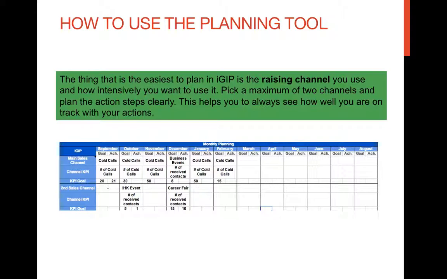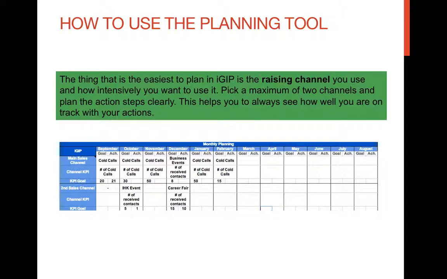So you then have channel KPIs, key performance indicators, which are just your activities. If in September you're focusing on cold calls, you should set a goal. A goal that's really achievable is 10 calls per week for each member. That's not a lot, but still it should be the minimum. And you can track your members on it.